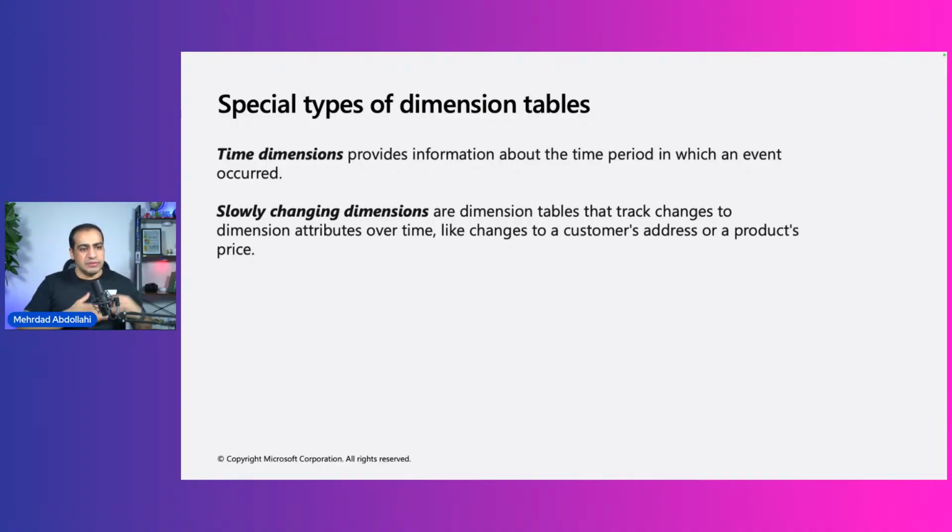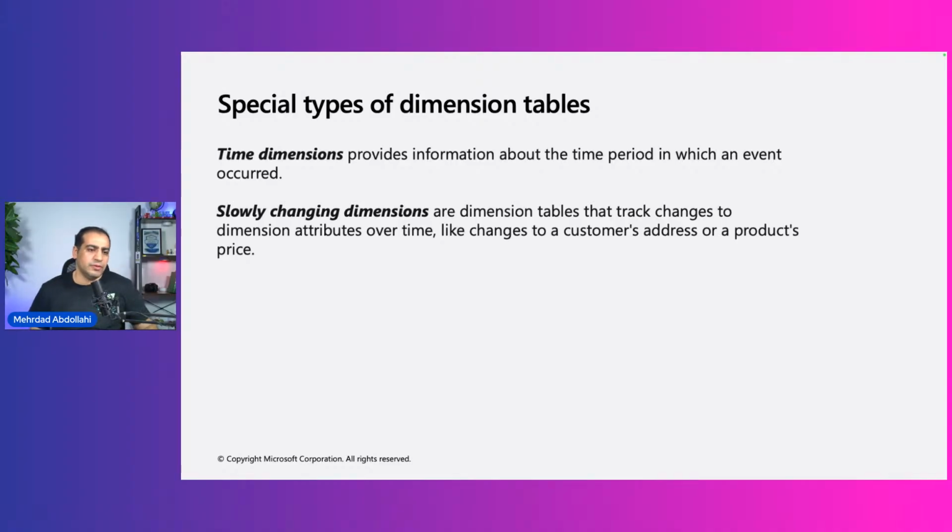The dimension tables, we discussed that. We have some special types of them, which is the time dimension, which is not usually part of your transactional database, but you always see that in data warehouses, which is one of the must-have items in your warehouse.